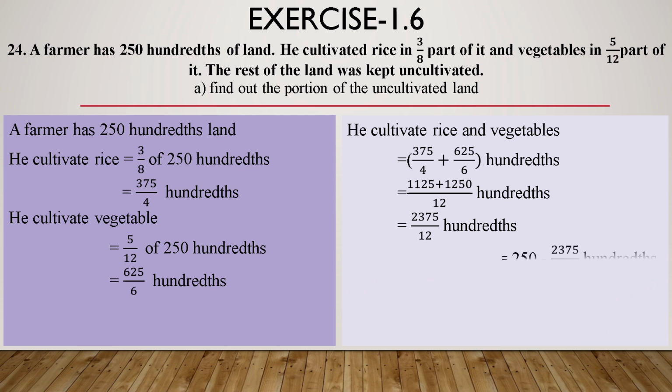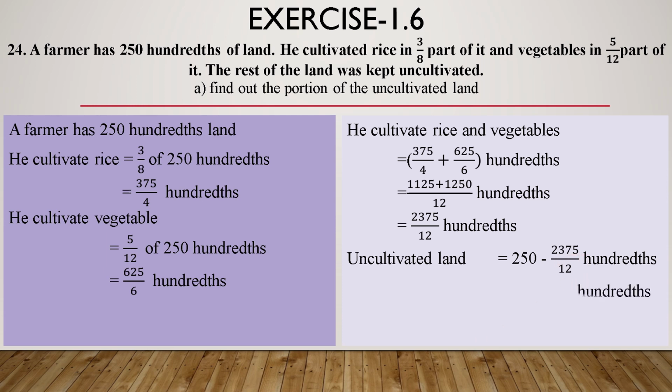Now for the uncultivated part, you can see the total land was 250 hundredths, and if we want to find out the uncultivated land, we have to subtract. So 250 minus 2375 by 12.